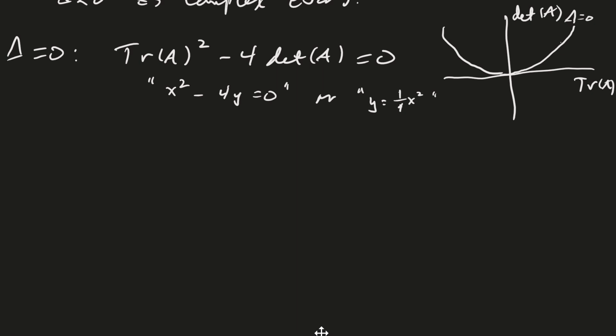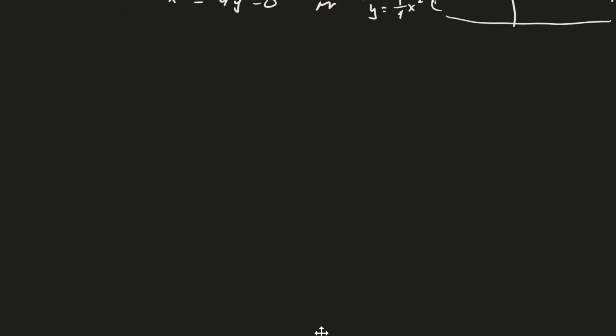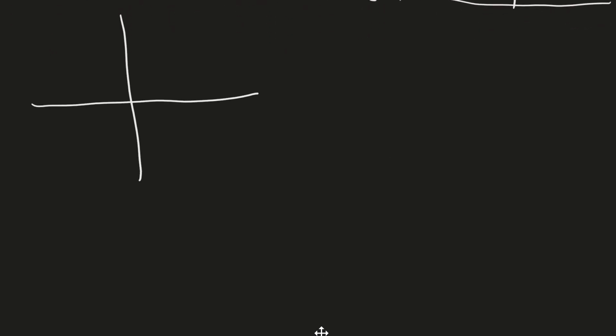And so this is very interesting, because now we can track the classification of the origin based on the trace, the determinant and the discriminant. Before we redraw this a little bigger, let's get familiarized with this plane.